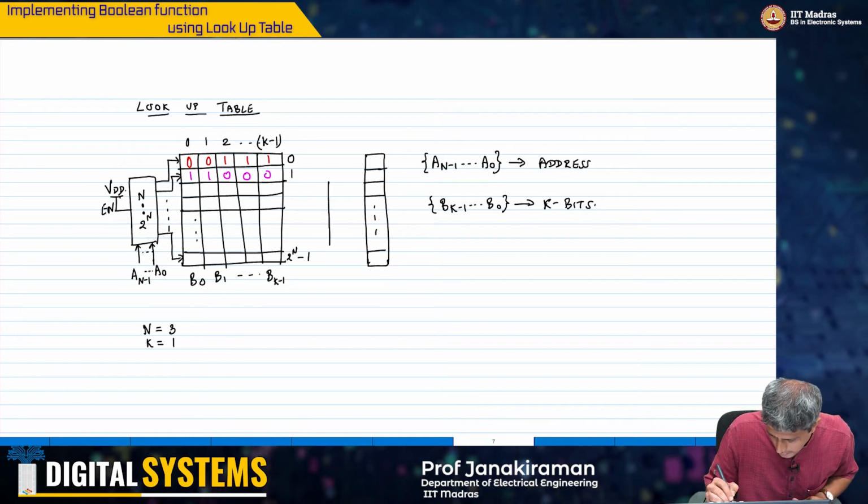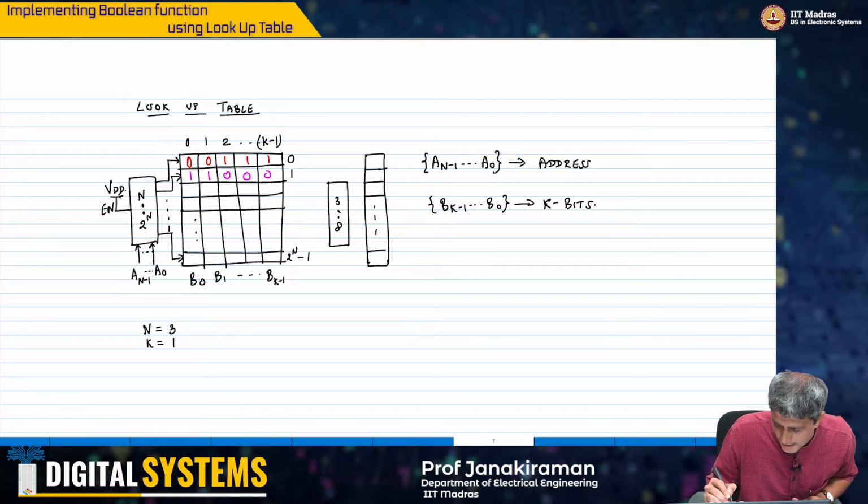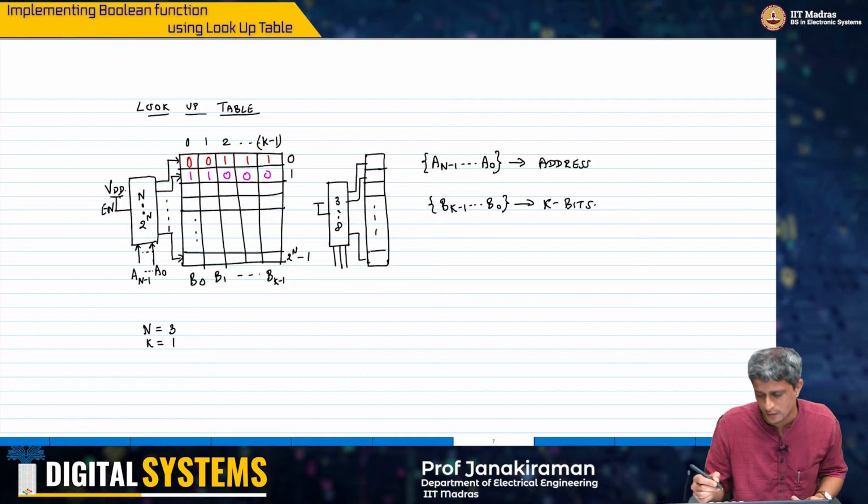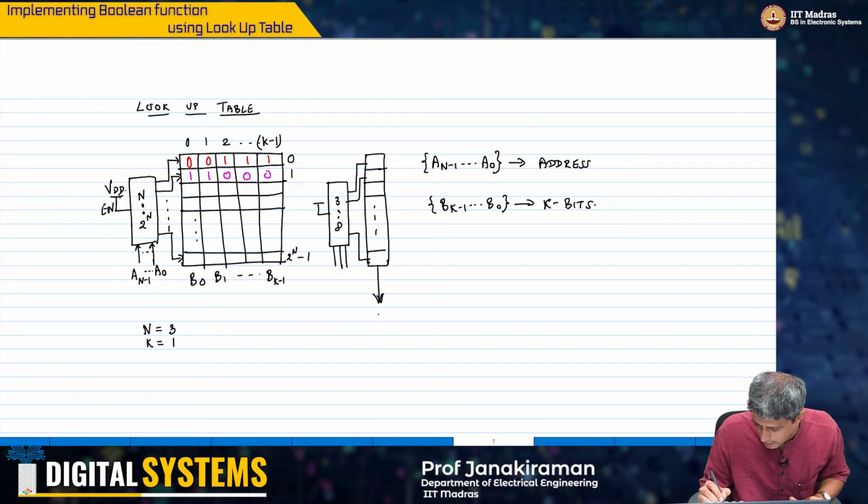I have a 3:8 decoder like this. Enable is 1 and I have the select lines here, A2, A1, A0, and I am going to read out just one bit, B0.